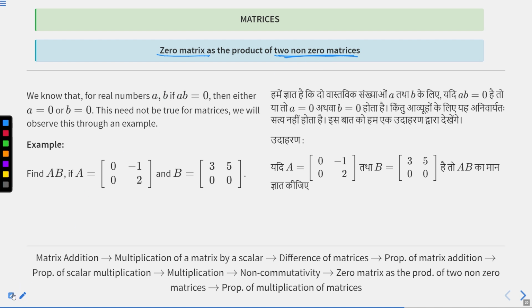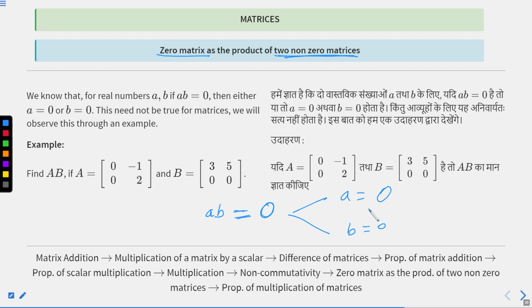Now another interesting property is the zero matrix as the product of two non-zero matrices. What it says: in real numbers, if you multiply two numbers A and B and their product equals 0, then we have two choices: either A is 0 or B is 0, or both are 0. Clear?